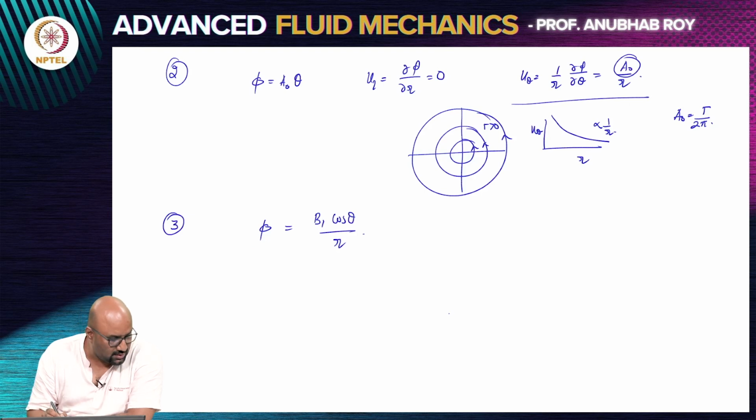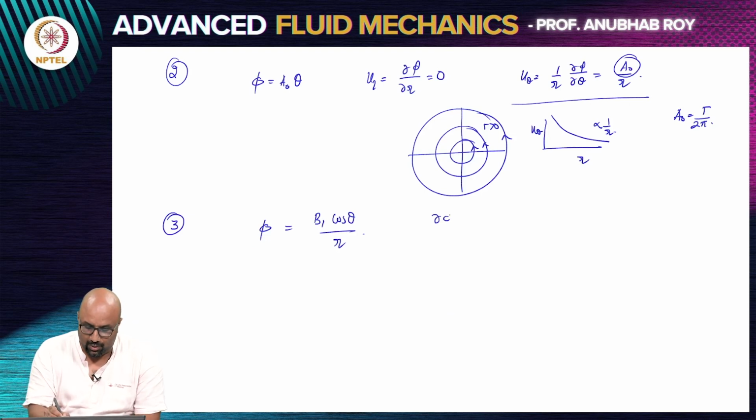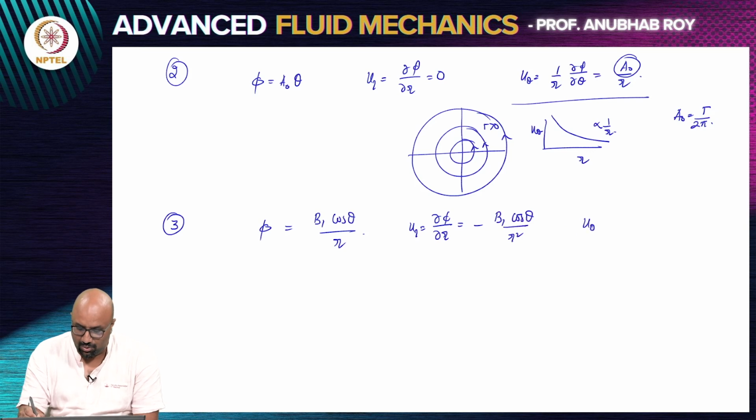For this particular case, if I compute my dou phi dou r to find my radial velocity, this would be minus B1 cos theta by r square. And if I compute my azimuthal velocity, that would be 1 by r dou phi dou theta, which would be minus B1 sin theta by r square.